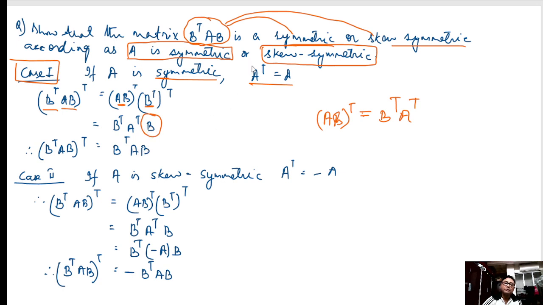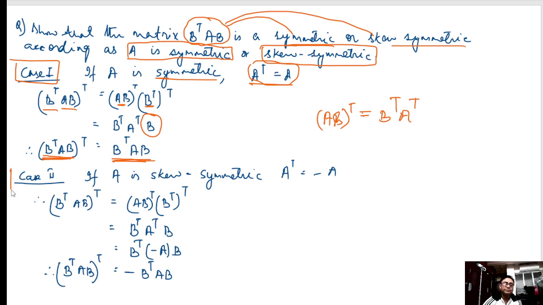A transpose was actually A, so instead of A transpose, I am taking A. So see, if I do the transpose of this, I am getting the same matrix. That means this will be a symmetric matrix if A was taken as symmetric. Clear? On doing the transpose of this, we are getting the same matrix. That means this matrix is actually symmetric if A was taken symmetric.